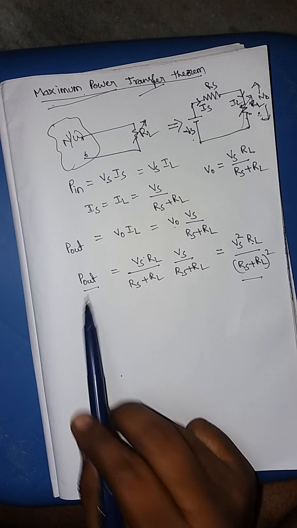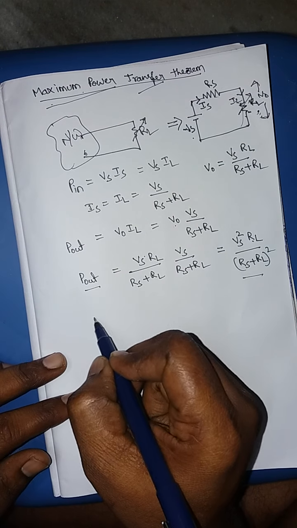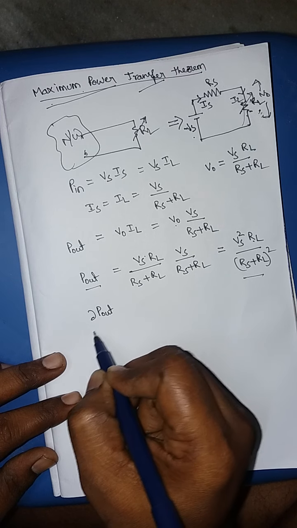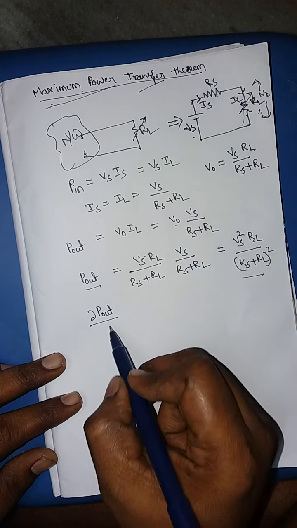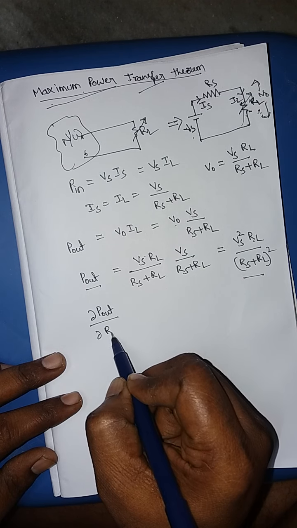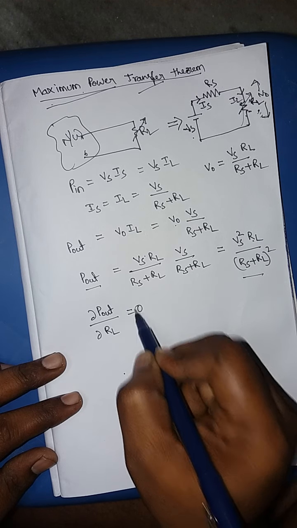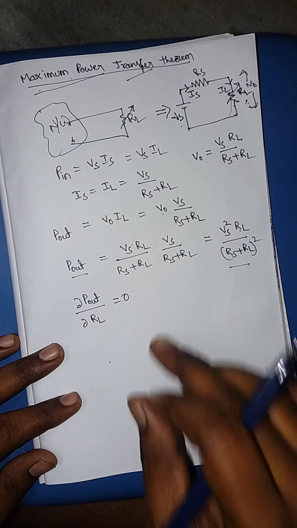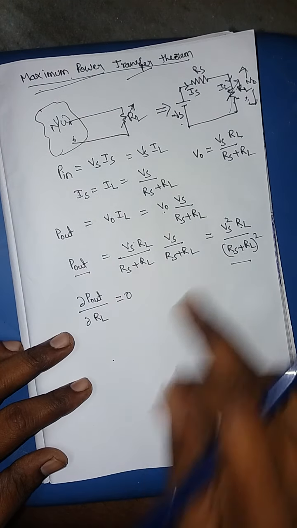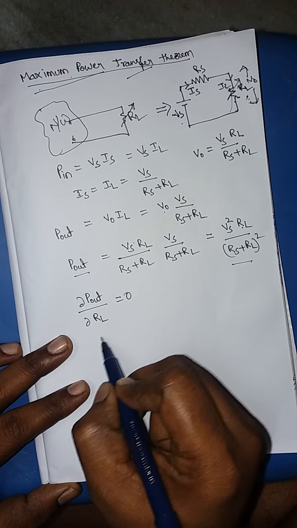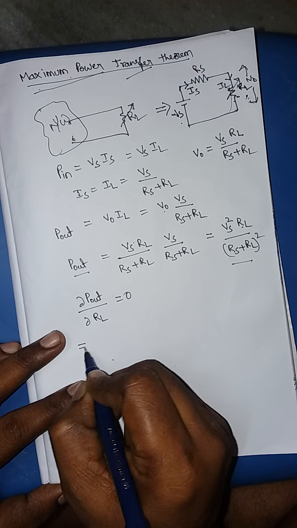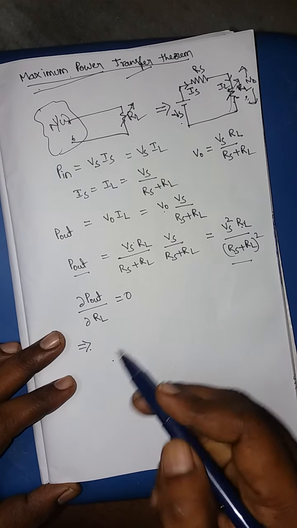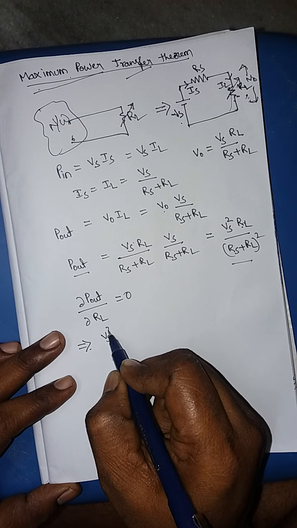When is the output power maximum? When the partial differentiation of P out with respect to RL is equal to 0, we obtain one condition. Now we partially differentiate this value using the U by V formula. Vs square is constant.